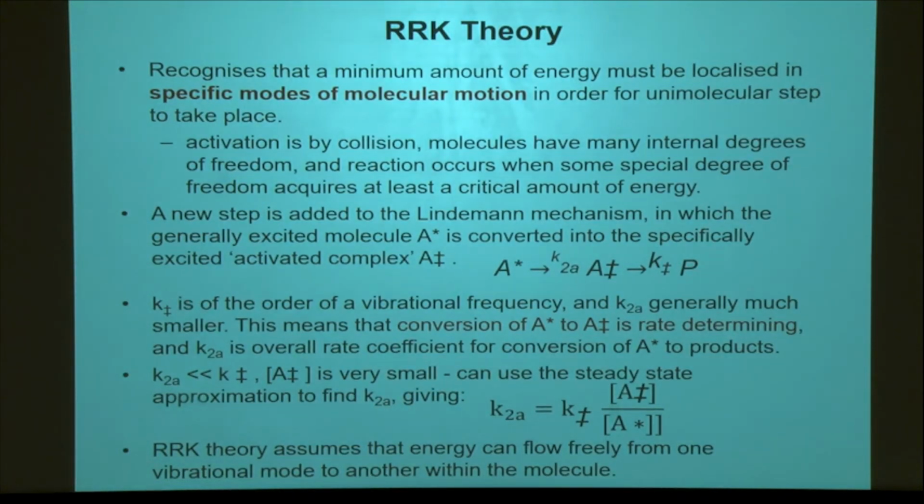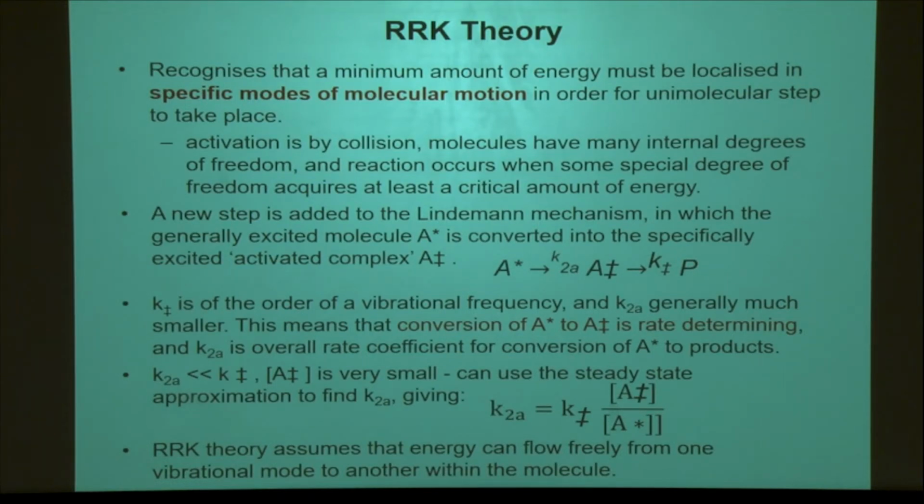So this is of the order of vibrational frequency, and k2a is generally much smaller. What that means is that conversion of our generally excited molecule to our specifically excited activated complex is going to be the rate determining step here for the conversion of A star to products.